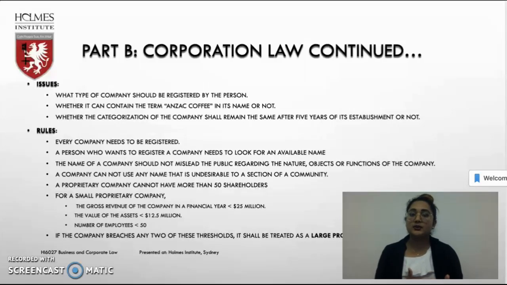And the third issue is whether the company will fall in the same category after 5 years or not. These are the three issues.